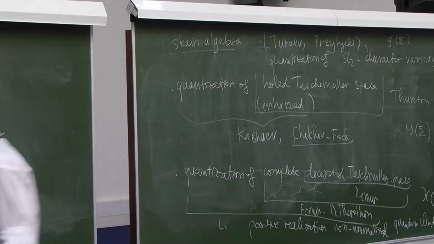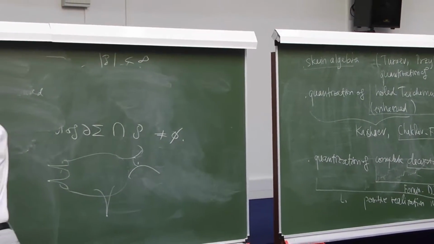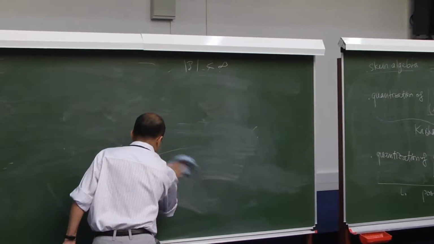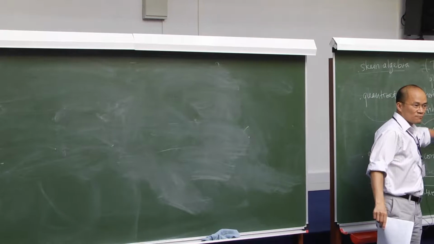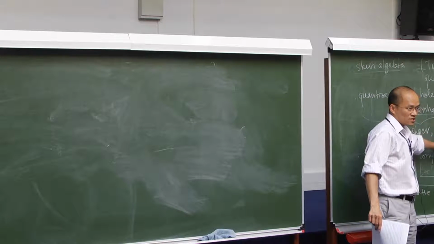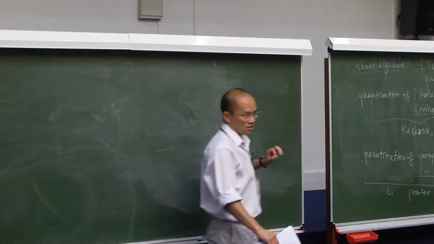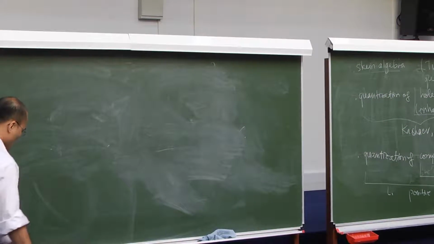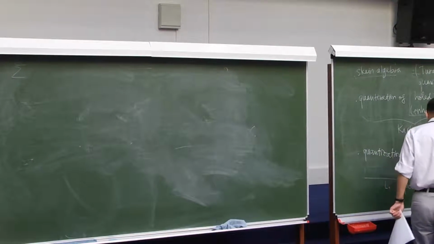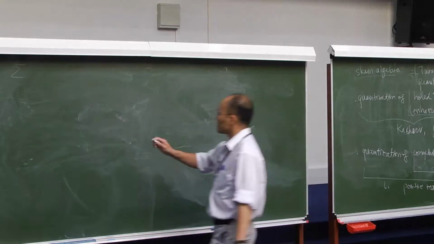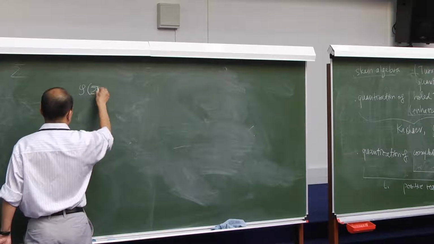Each of these two Teichmüller spaces has a natural Poisson structure. So the quantizations are along these Poisson structures. And the big picture that you have here is this: this is the skein algebra of sigma.